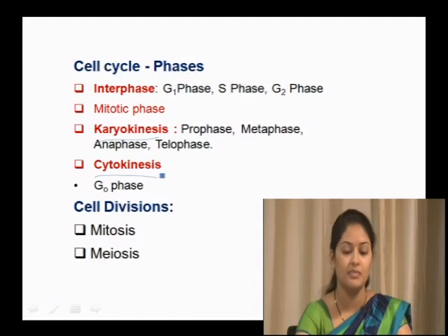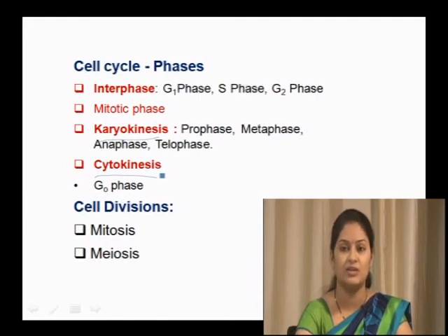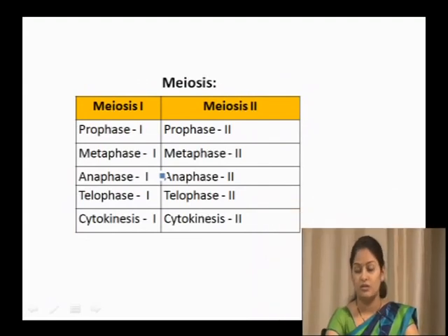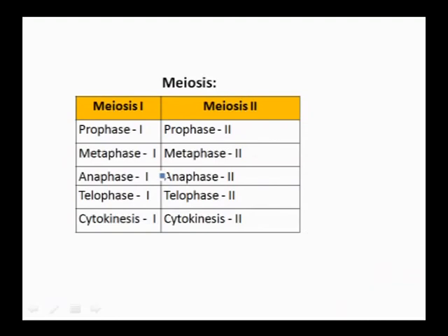Next one, types of cell divisions. Depending on different features observed, we can classify the divisions into mitotic and meiotic division, or simply called mitosis and meiosis. Now, the components under these are as follows.